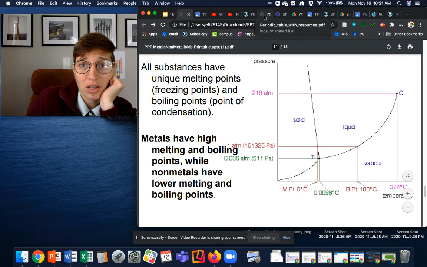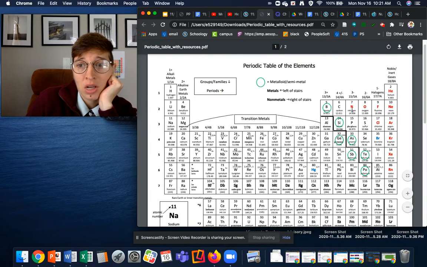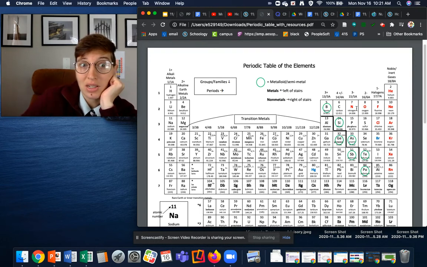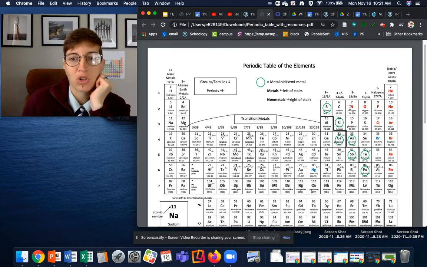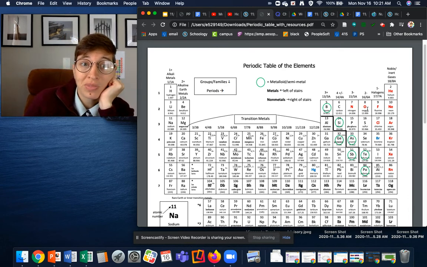So if we look at a lot of these non-metals, these are all gases at room temperature, okay? Meaning they've already gone from a solid to a liquid to a gas by the time we get to just normal room temperature. So oxygen, for example, it's a gas. You could cool it way down. You can freeze it and get oxygen to condense back to a liquid.